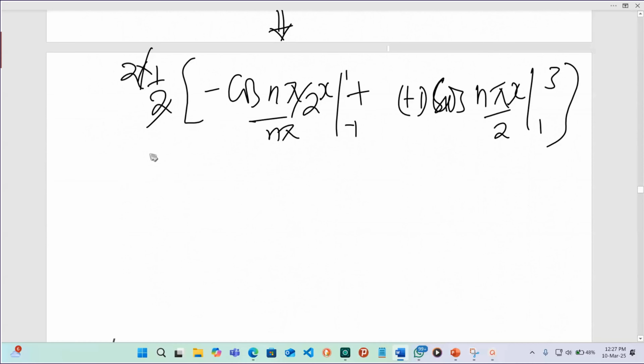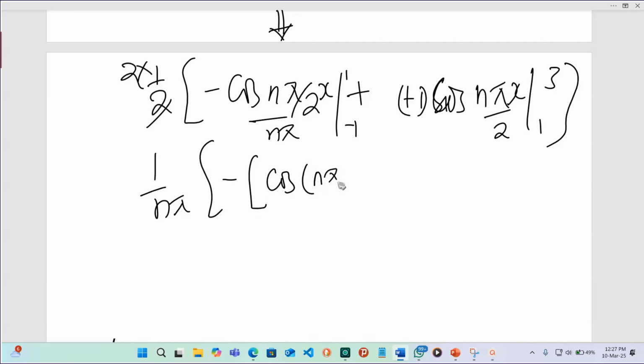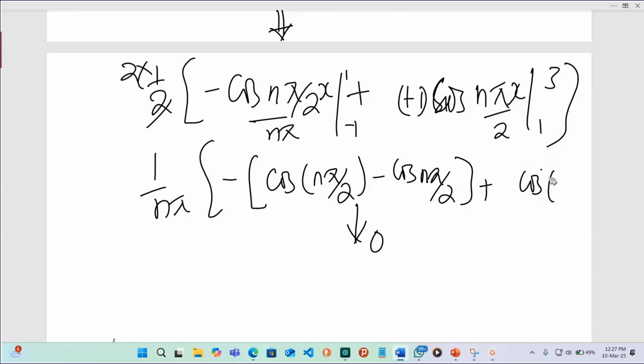You realize this and that will go, and then you'll have 1 over nπ times negative cos(nπ/2) minus cos(nπ/2), but this itself is 0 because it is the same as cos 90. Likewise, this is also like cos 90, so I will have cos(3nπ/2) minus cos(nπ/2). All this is going to 0.